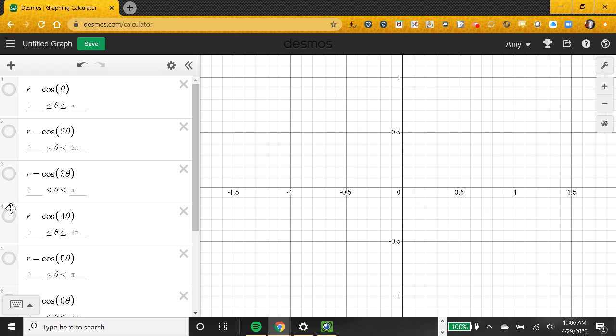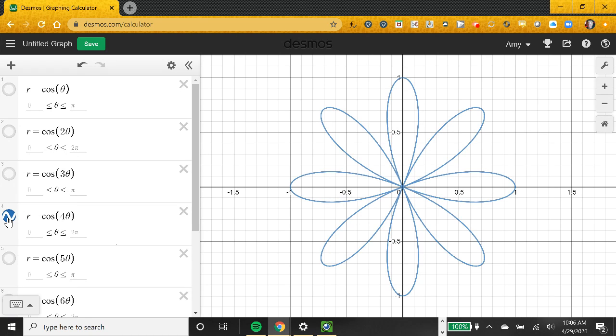All right, so what happens when I change the b factor from 3 to 4? Oh my goodness. Well, now this definitely looks like a flower. Maybe not a rose per se, but it's a flower. And look, the petal lengths are still 1, which is the amplitude of this curve. But now how many petals do we have?